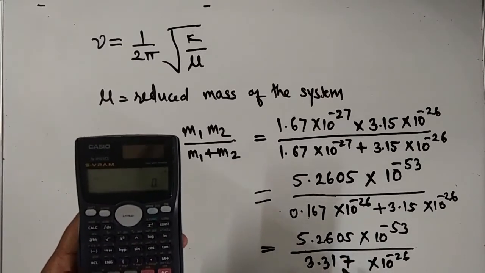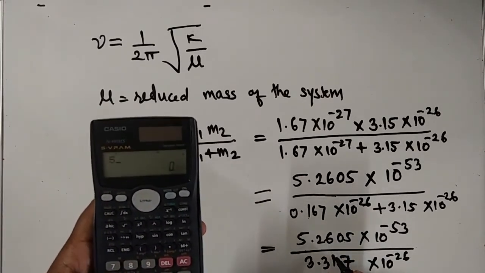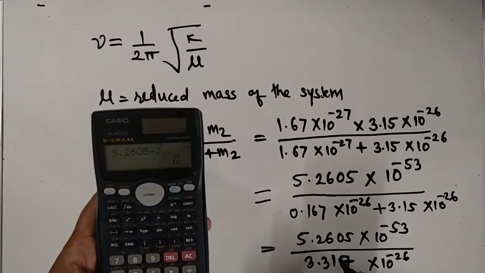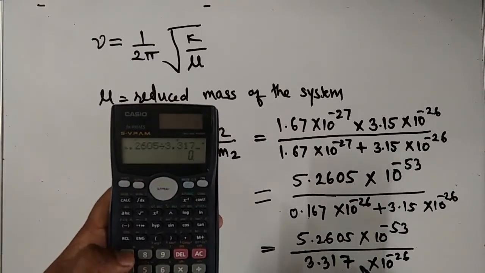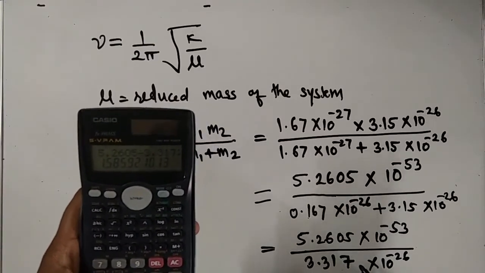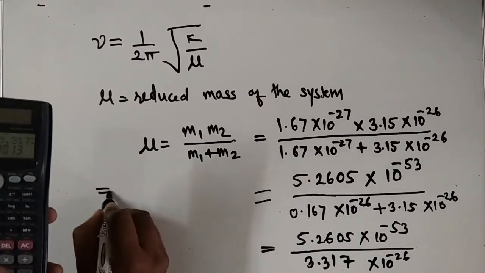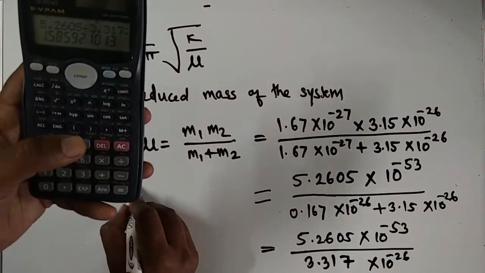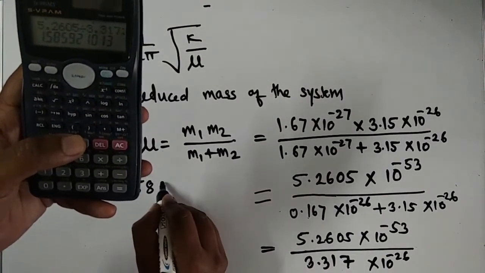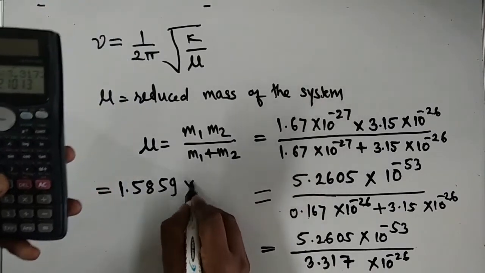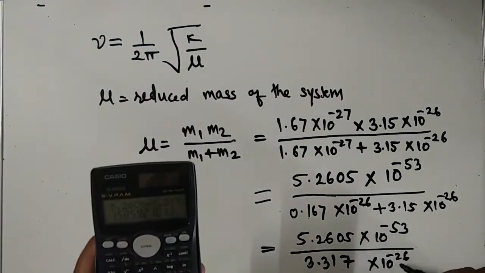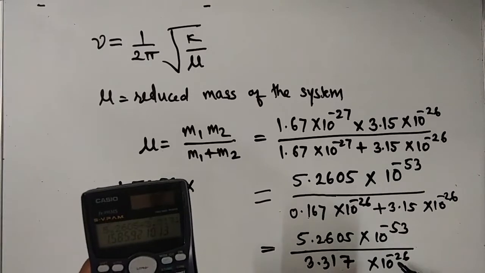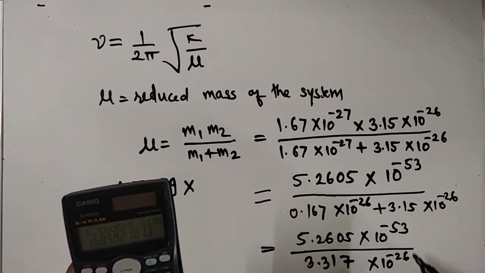Therefore I can now do the division of these two terms. So I can divide 5.2605 by 3.317, which is equal to 1.5859, into 10 raised to power also, right. Now this 10 raised to minus 26 at the denominator, if we take it to the numerator, that will be plus.